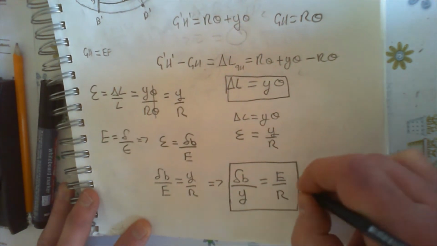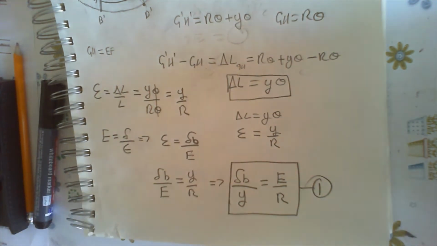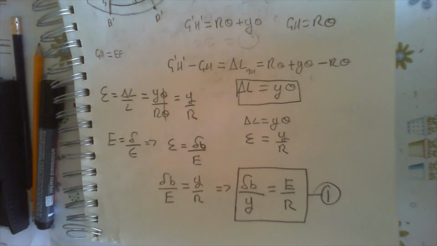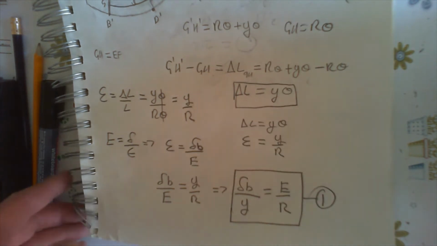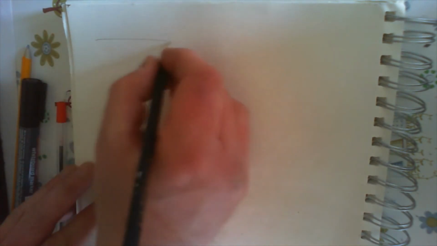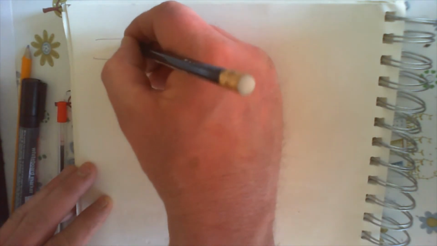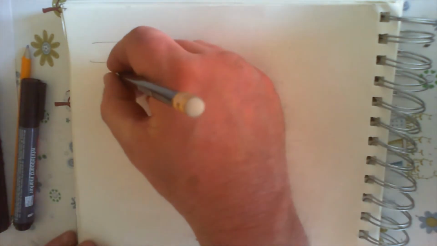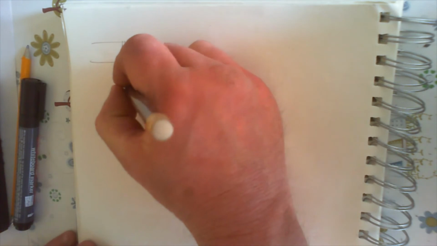So that's equation 1. Now, if you think about what we're doing here, we've got a beam and we are just looking at a very small part of that beam in reality. I've called this dx.